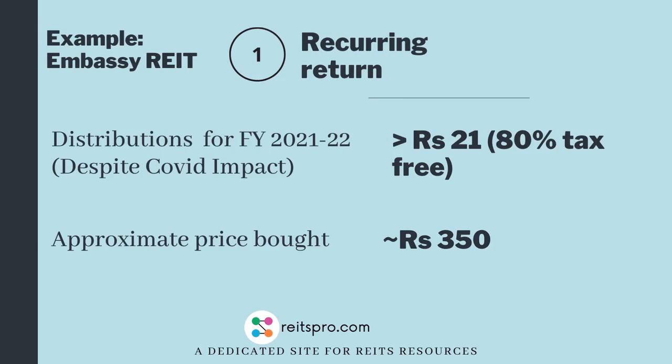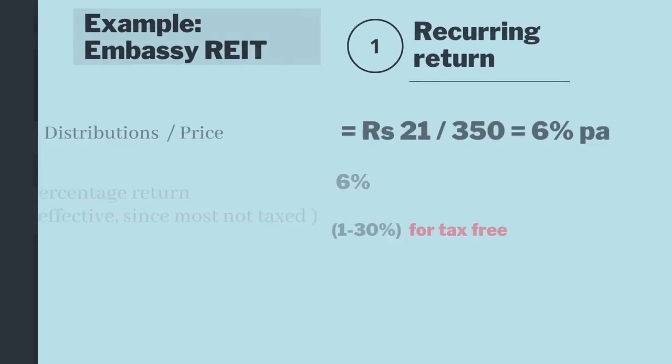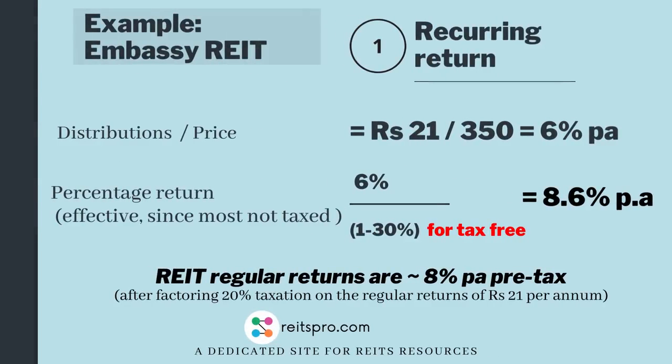And let's assume that you bought it at an approximate price of 350, which could have happened during the financial year. And in this example, if we divide the distribution by the price at which one bought it, we would get a return of 6% per annum.